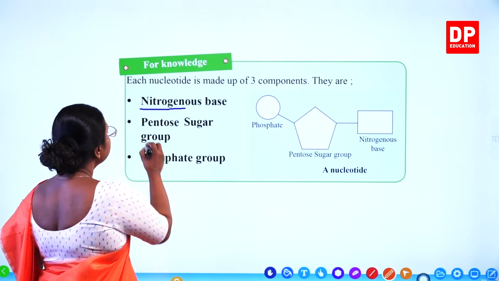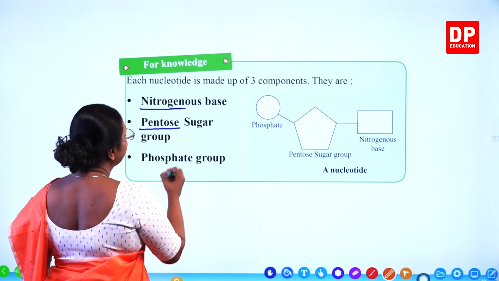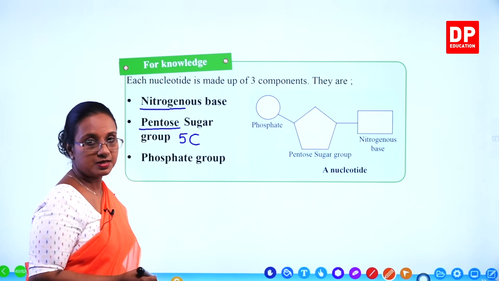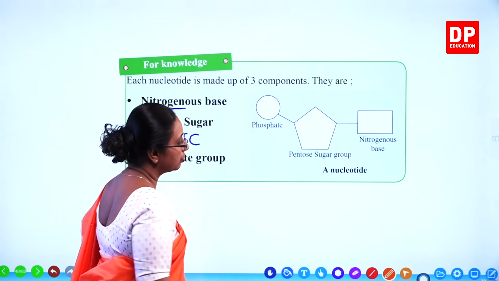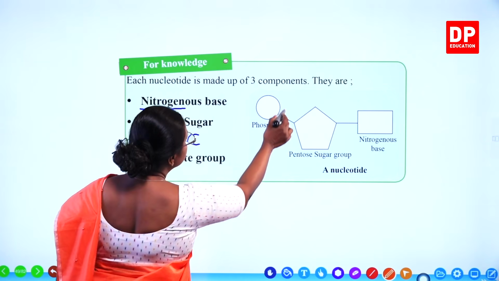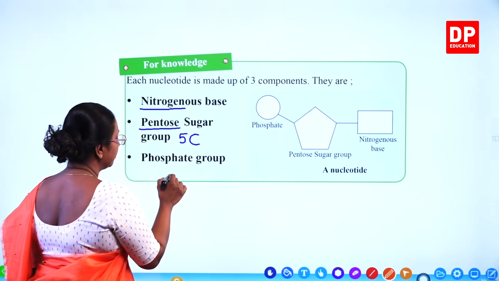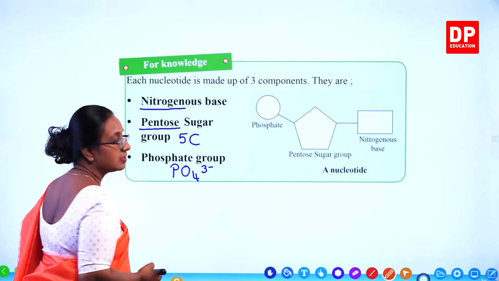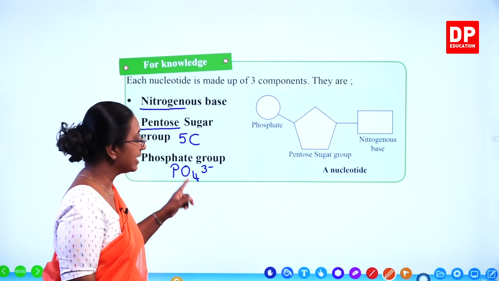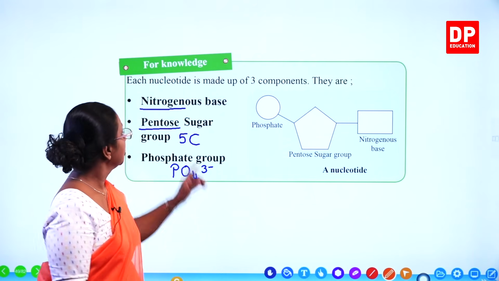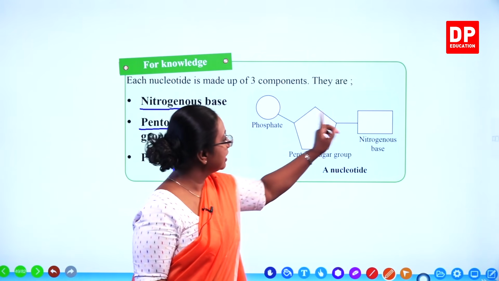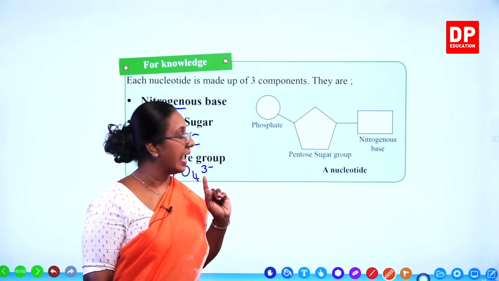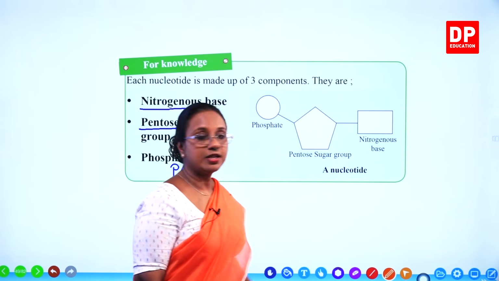And there is a pentose sugar. Pent means 5. Because there are 5 carbons, it is called a pentose sugar. And the third group is a phosphate group, which has a PO4 3- group. That is what we call a phosphate group. So, a nitrogenous base, a pentose sugar and a phosphate group combine and form the nucleotide molecule.